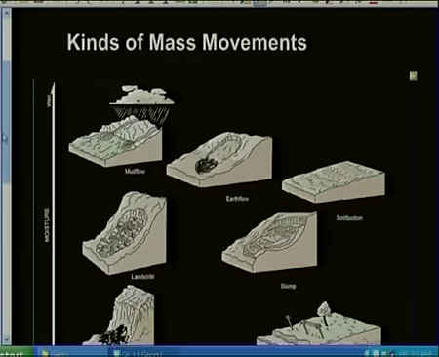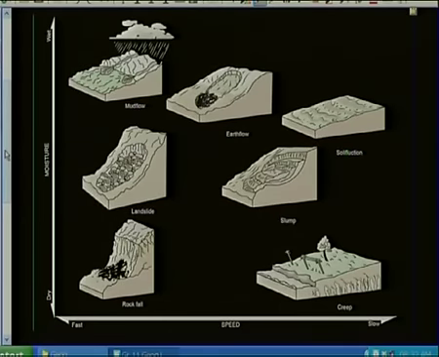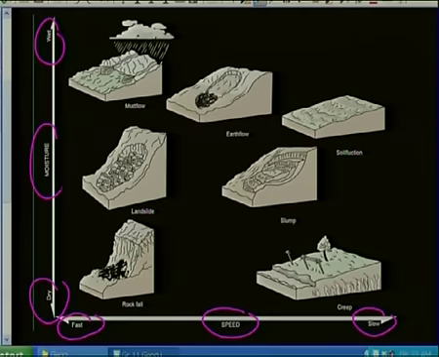We will now look at all different types of mass movements as they occur. What we've got for you today is a graph. Note the aspects of the graph: fast, slow, moderate, and describing the soil, drier soil, wet soil, as well as moisture soil. Remember, this area here increases as we go outwards.